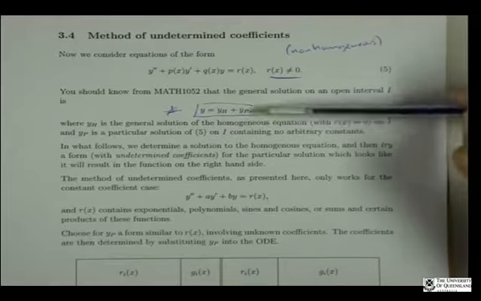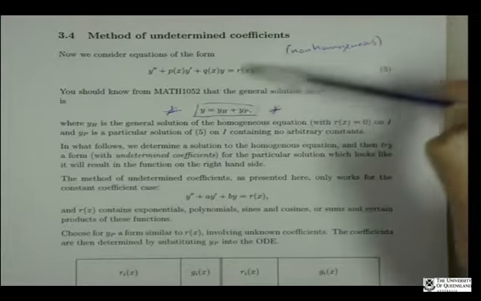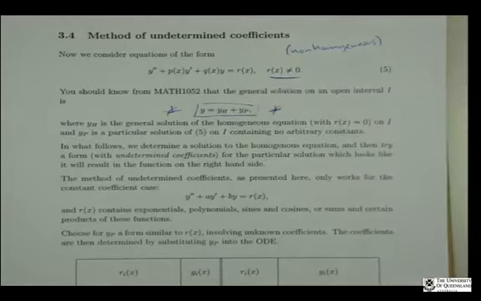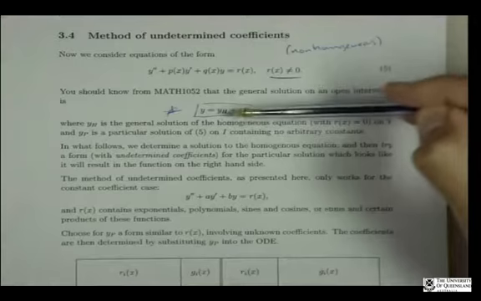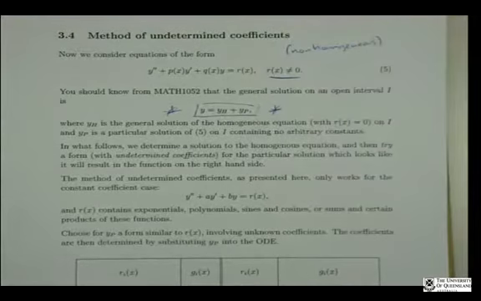Okay, and so it's only this YP, this particular solution, that contributes to the non-zero right-hand side. If we substitute the homogeneous solution into the left-hand side, it gives us 0. So that doesn't contribute at all to the right-hand side.